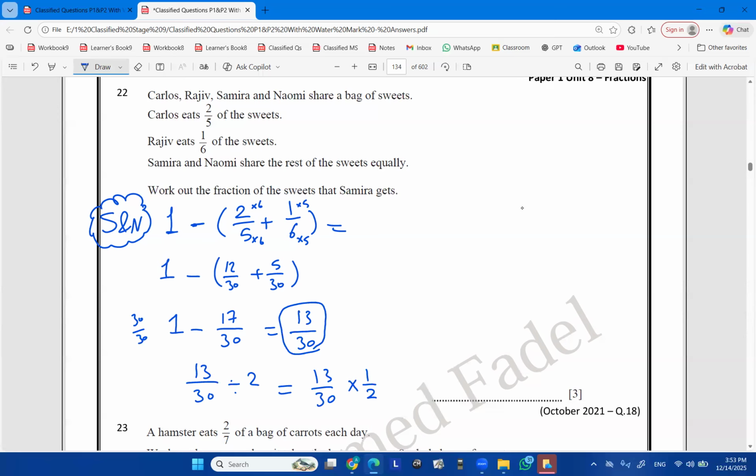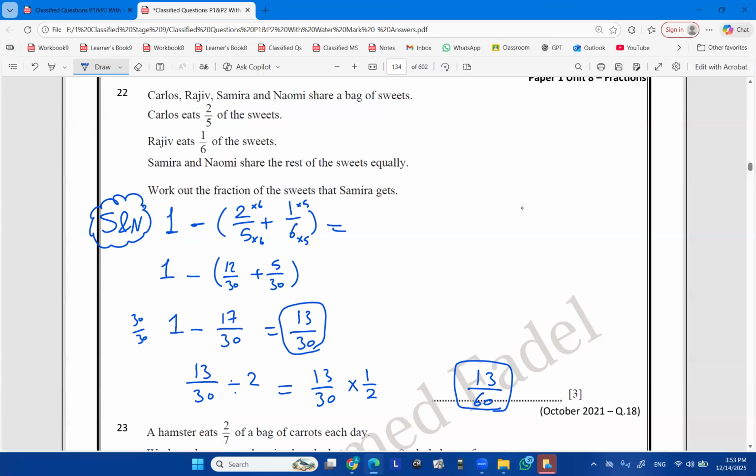Keep change flip. So it is going to become exactly 13 over 60. So Samira gets 13 over 60. Naomi gets 13 over 60. And this shows that both of them will get 13 over 30.